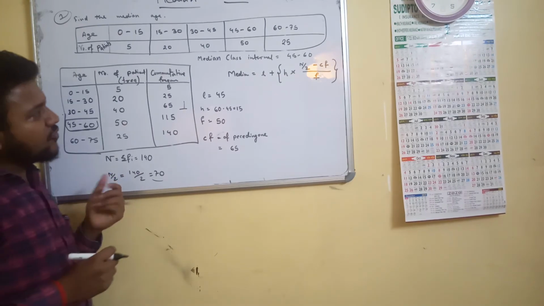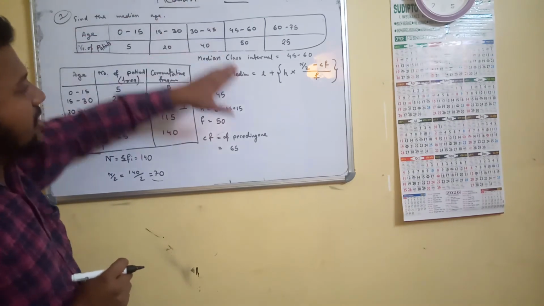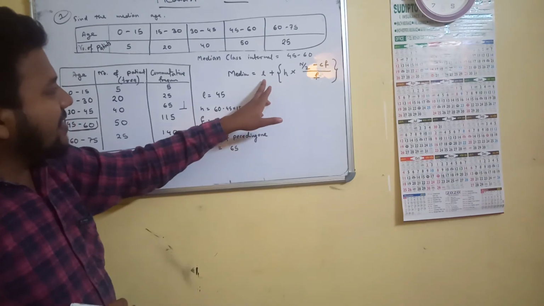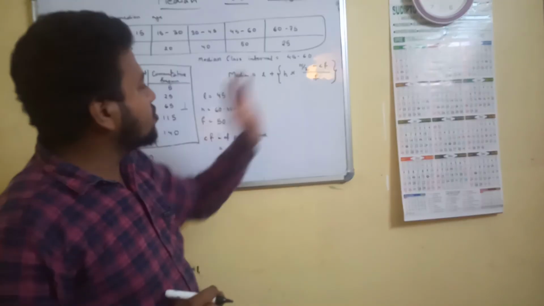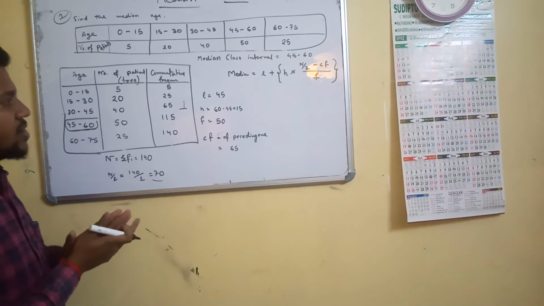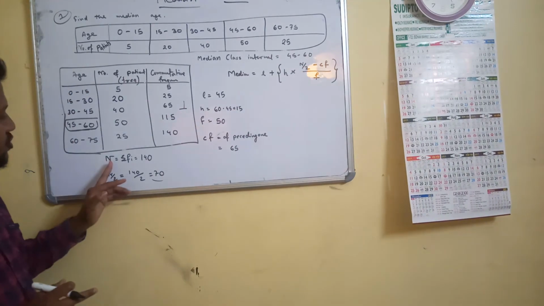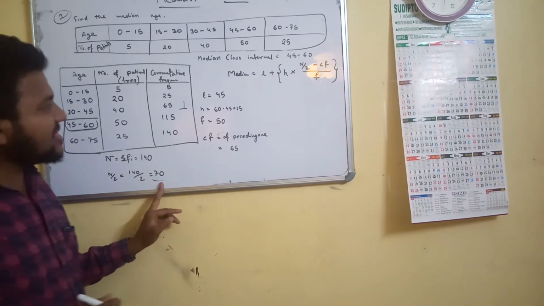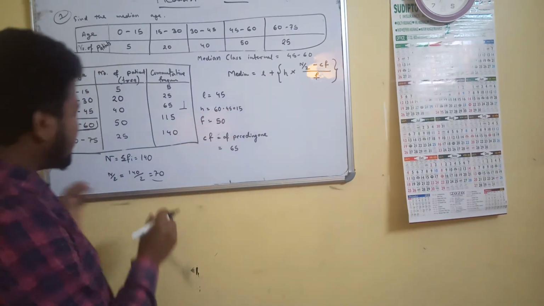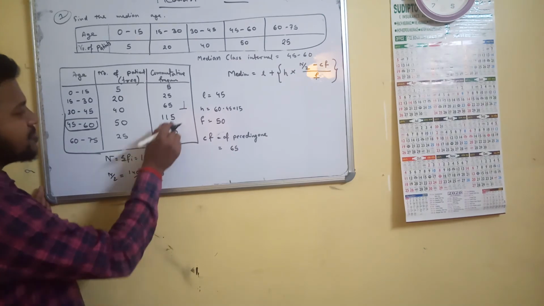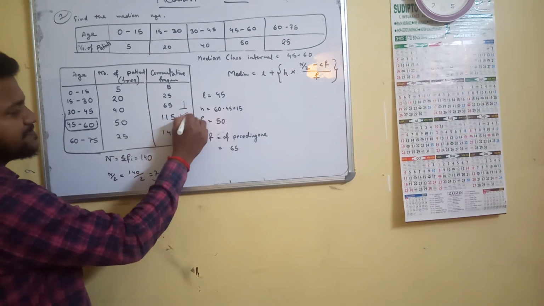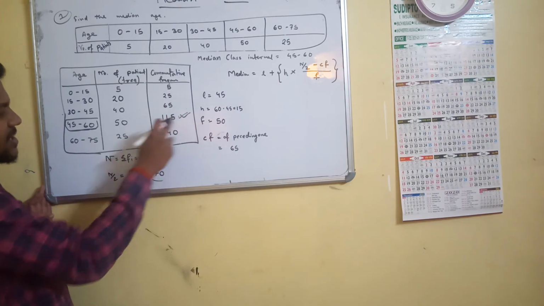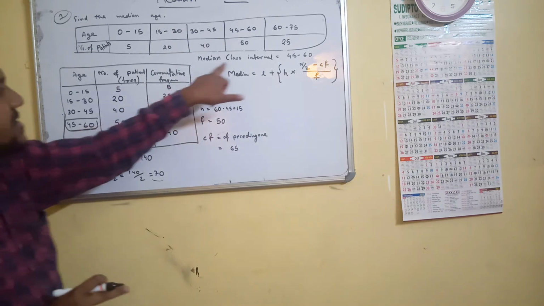Now we find the median using the formula, which has some terms unknown to us. N by 2 is half of the summation, which is 70. The middle term lies in the class 45 to 60, because 65 stands before it. So the lower limit L is 45.